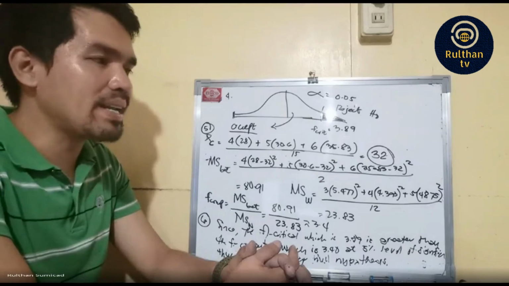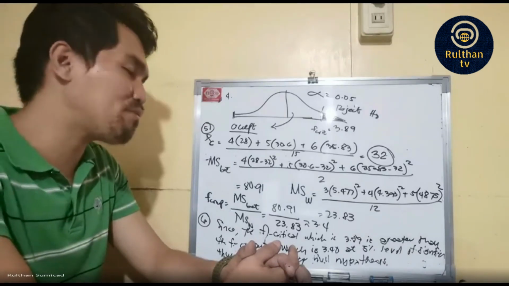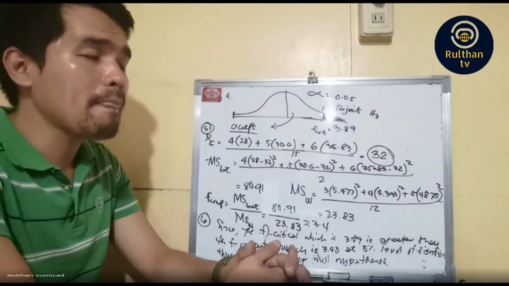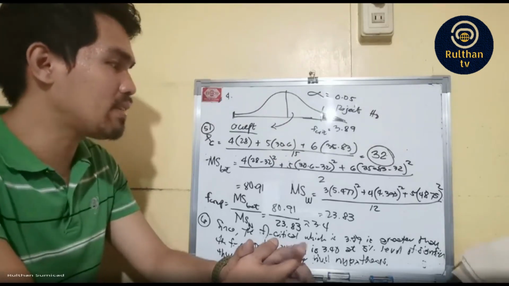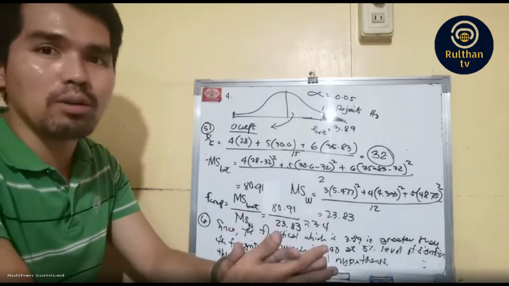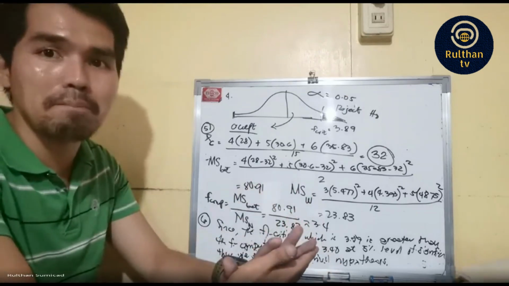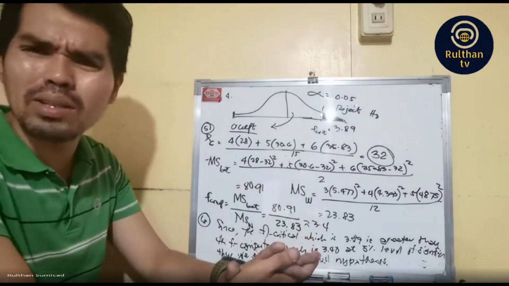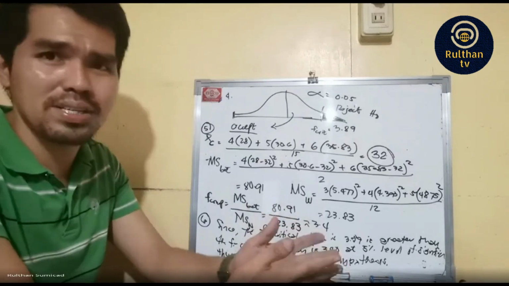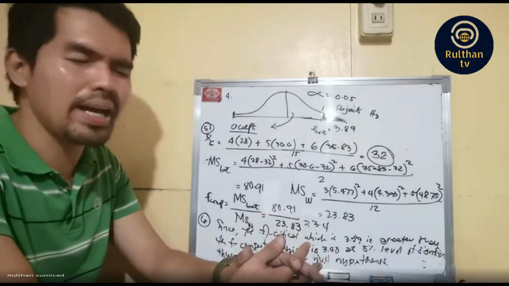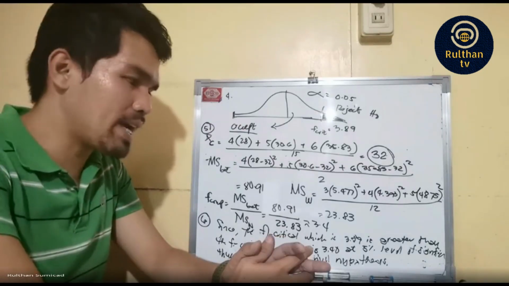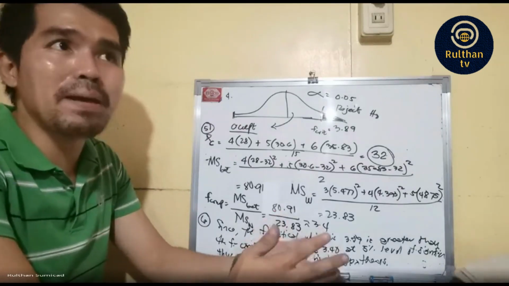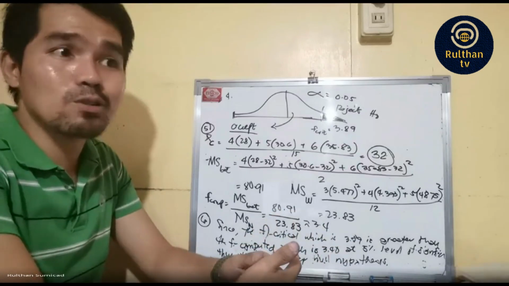We've finished already the 6 steps in conducting null hypothesis testing using the statistical treatment of one-way ANOVA, wherein we compare three independent samples. By the way, in this case, what are our independent variable or the factor and the dependent variable?